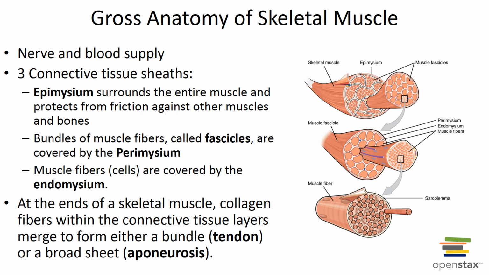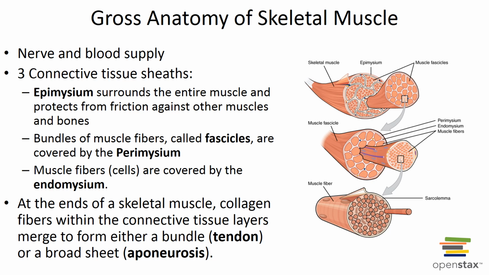Now, the connective tissues are also associated with muscle tissue. And in this slide, you can see the epimysium, which is a dense layer of collagen fibers that surrounds the entire muscle. This tissue separates the muscle from surrounding tissues and organs, and it's connected to the deep fascia, which is a dense connective tissue layer.